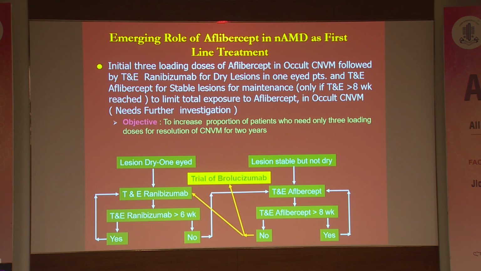If I cannot do that, I shift back to aflibercept and see what is the maximum extension I can now get. So I give treat and extend aflibercept, see can I go beyond 8 weeks, great. I put him on aflibercept. But supposing even with aflibercept I'm not getting this 8-week extension, that's the situation where you should consider a shift to brolucizumab, the new drug on the block.